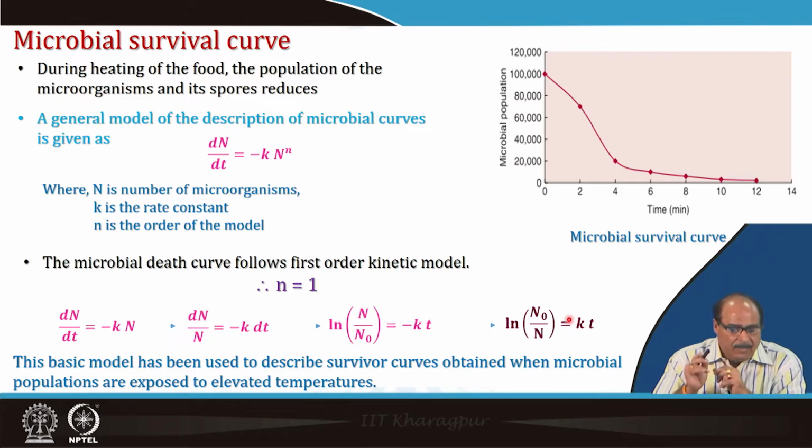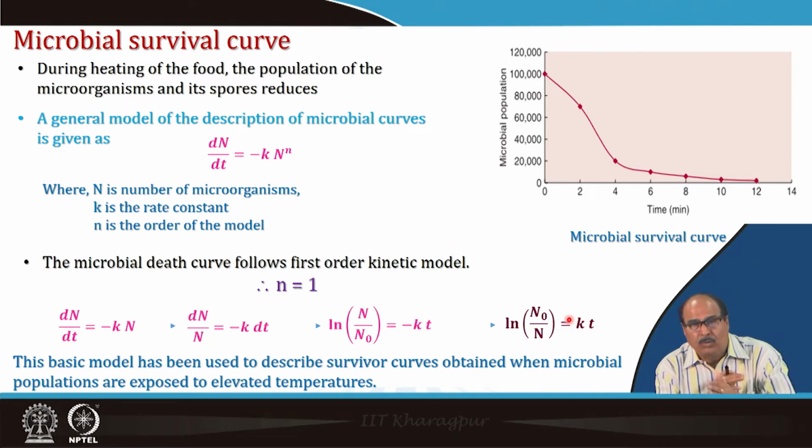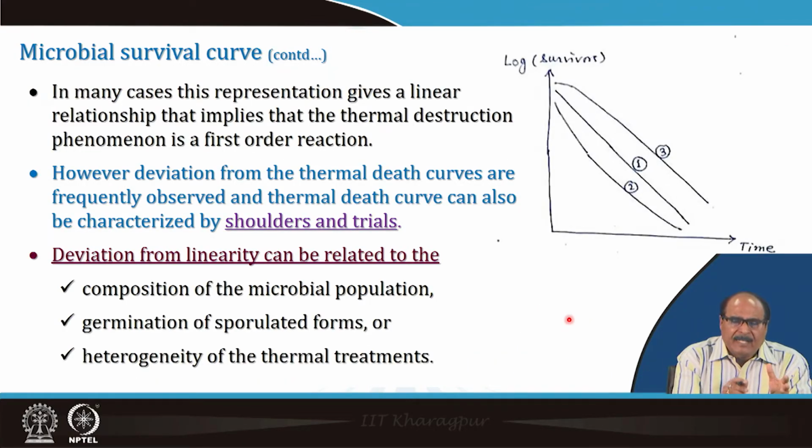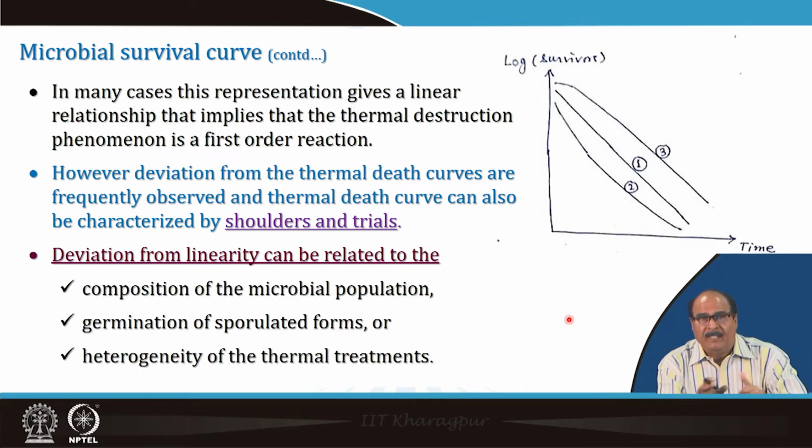This basic model has been used to describe the survivor curve obtained when microbial populations are exposed to elevated temperatures. In many cases, this representation gives a linear relationship, which implies that the thermal destruction phenomenon is a first order reaction, particularly if you plot the log number of survivors on the logarithmic scale and the time on the linear scale.